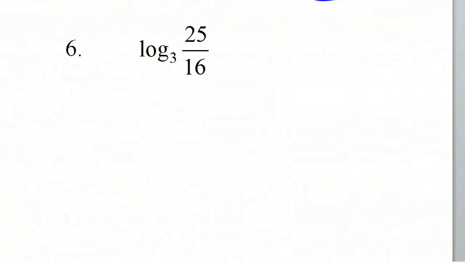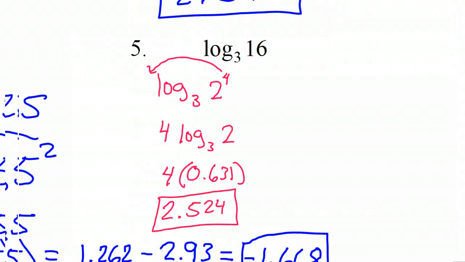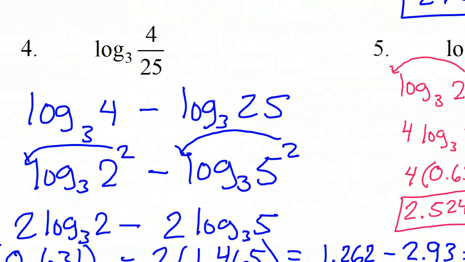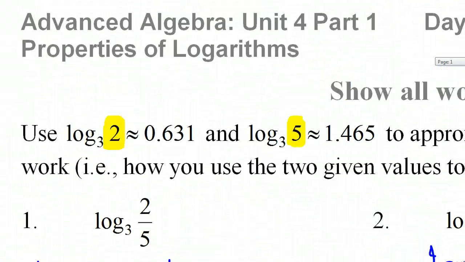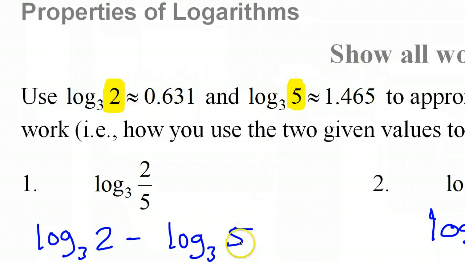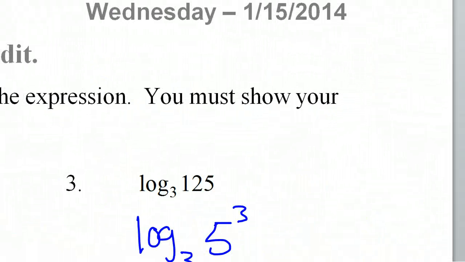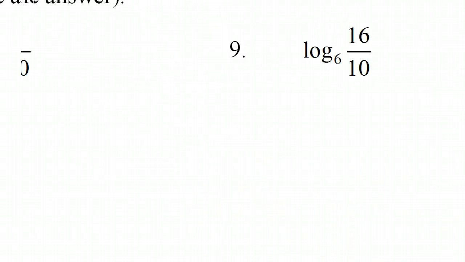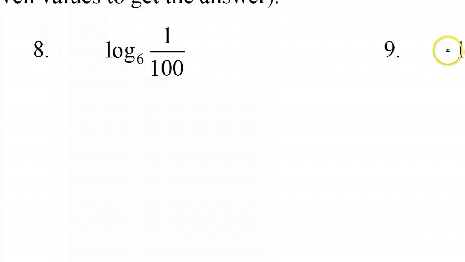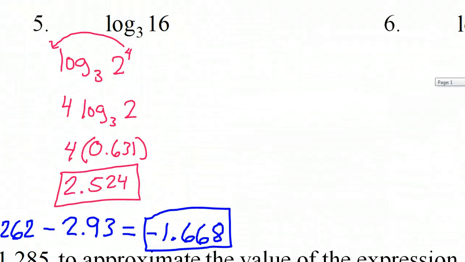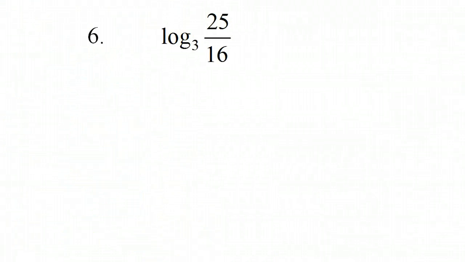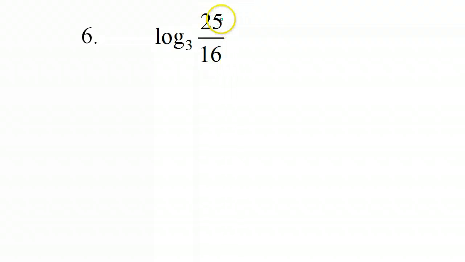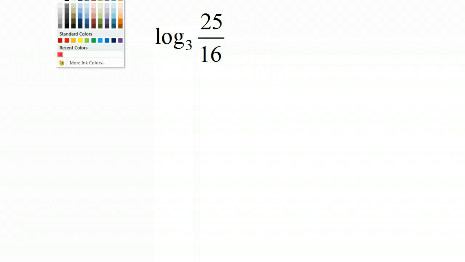All right, number 6. Remember that we're trying to get 2's and 5's. It's all about 2's and 5's. Okay, I'm thinking about exponents, thinking about the powers that be.